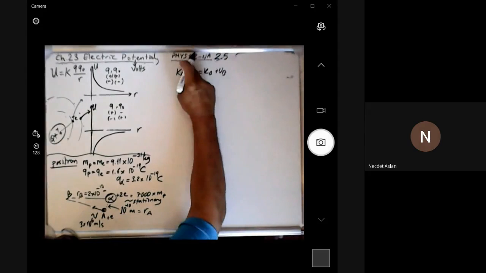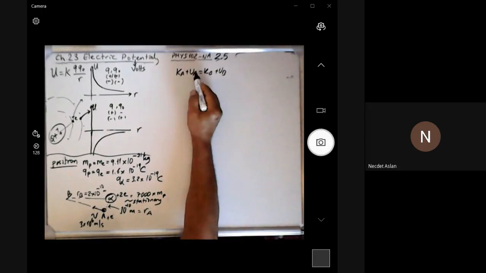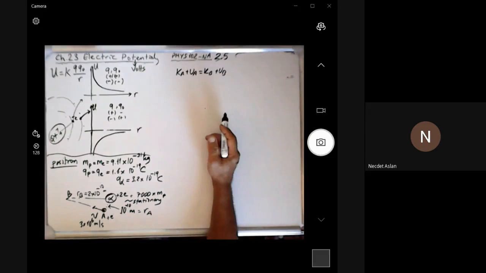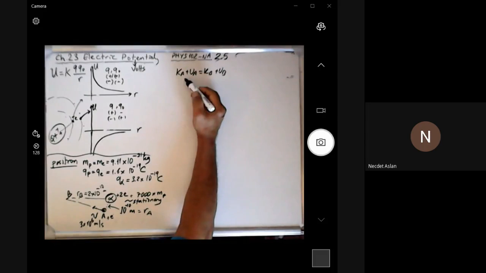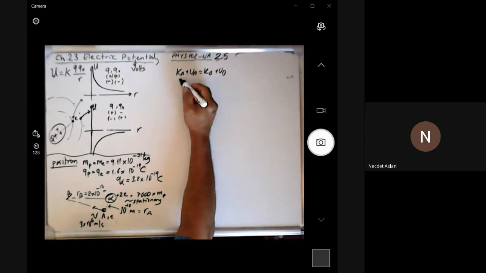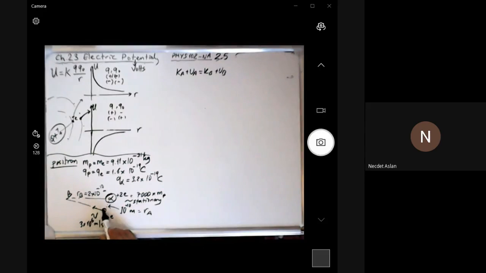The conservation of energy states that the total mechanical energy at point A is equal to the total mechanical energy at point B. Ka is given, right? Because they give the velocity at this point, but they don't give the velocity at point B. So the question is, find the velocity at point B.